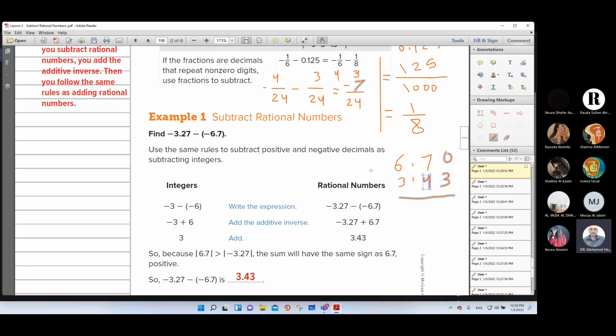Then you can do subtraction now. 0 minus 3, you cannot do this operation, so you can borrow from 7. 7 will be 6, and 0 will be 10. 10 minus 3 will be 7. 6 minus 4 will be 2. Then put the point here, and 6 minus 3 will be 3. I have a mistake here, sorry.